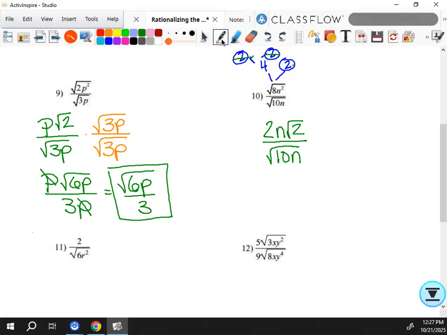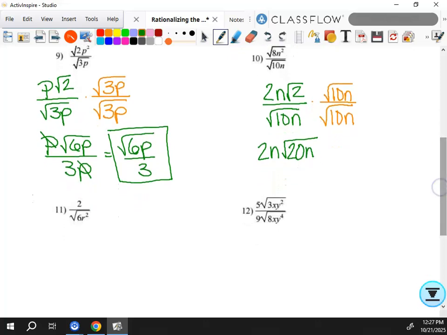All right, so then we rationalize. I'm going to multiply by the square root of 10n. So this is 2n times the square root of 20n, right?